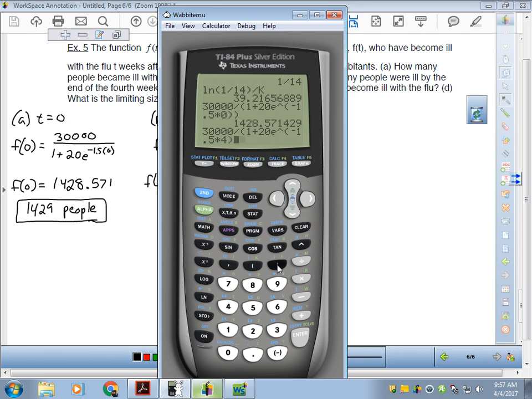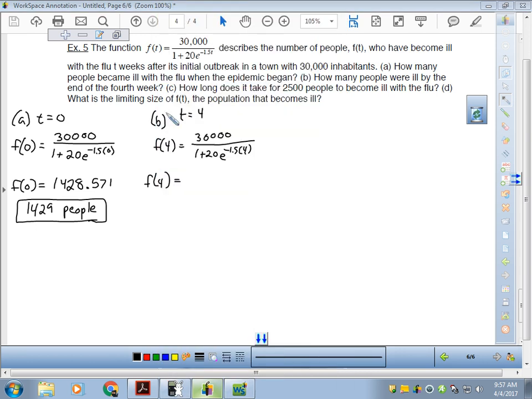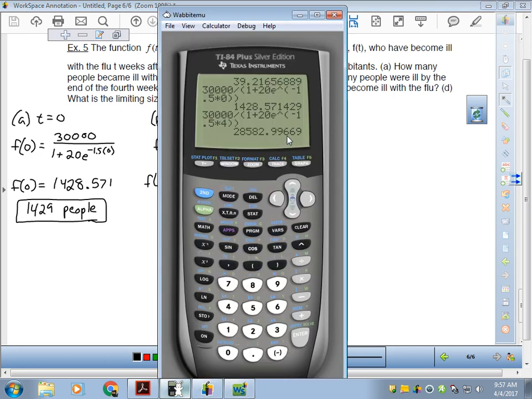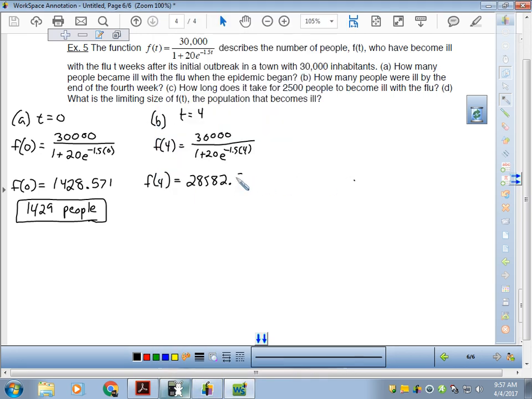Close the e, close the bottom of the fraction. And there we go, 28,582.997. And again, because this is talking about people, you have to round it, so it's 28,583 people.